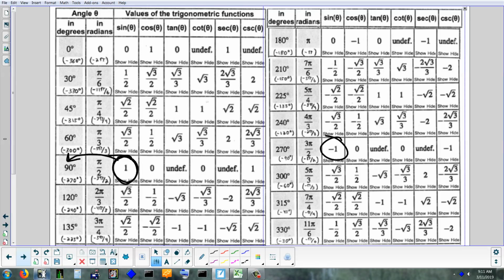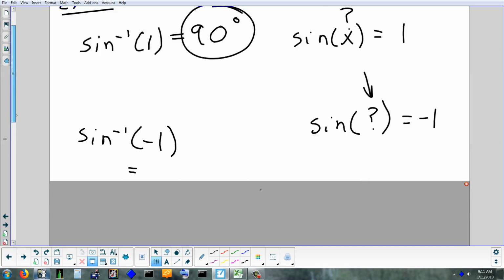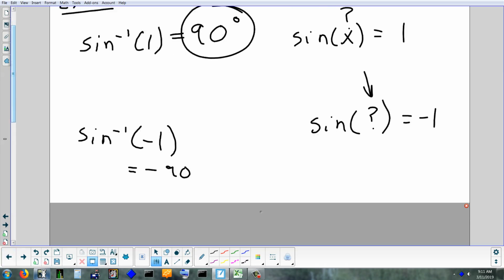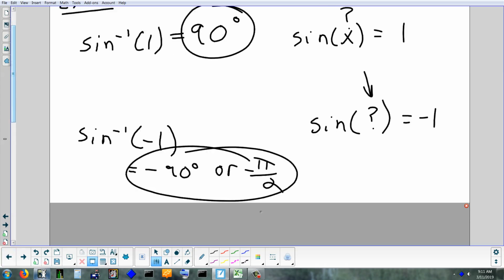We just went through that. Always give me the one between -90 and 90. So it's -90, or if you wrote your answer in radians, -pi/2. Okay? So both the radians and the degrees are on the chart for you. So those aren't two different answers, they're the same answer. One's radians, one's degrees.